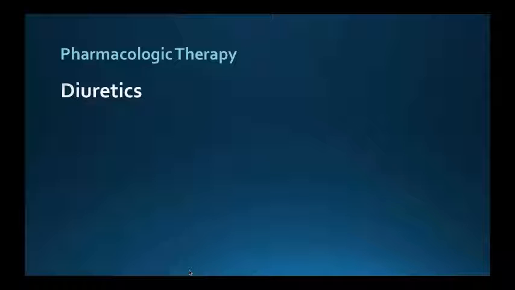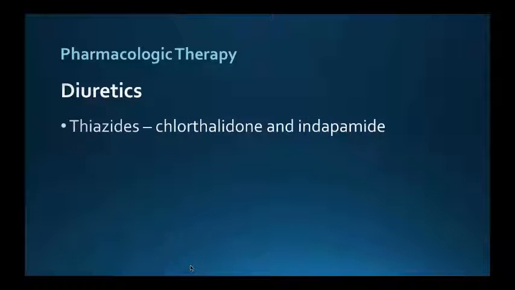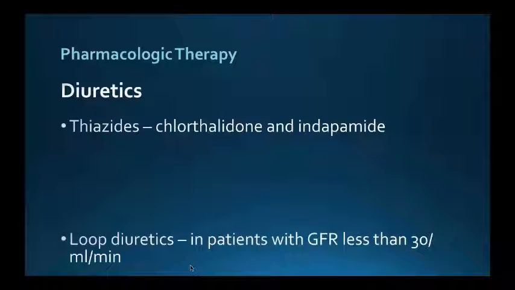Oftentimes when a patient comes to me on a diuretic for hypertension, that diuretic is hydrochlorothiazide. The problem is hydrochlorothiazide is not as effective as chlorthalidone or indapamide in the control of blood pressure, partly because it's shorter acting. So if the patient is on hydrochlorothiazide, I typically switch it to chlorthalidone. Or you can also use indapamide.